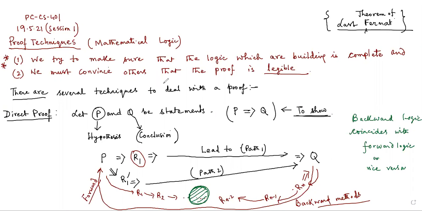You will be able to build a direct proof. If it doesn't happen, if your backward logic doesn't coincide with your forward logic, then you will not be able to build a direct proof, at least for the given mathematical problem or mathematical argument.